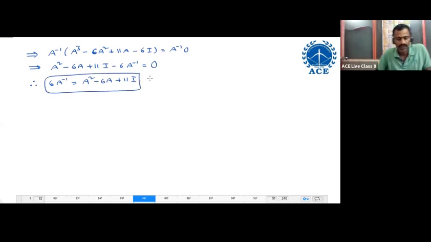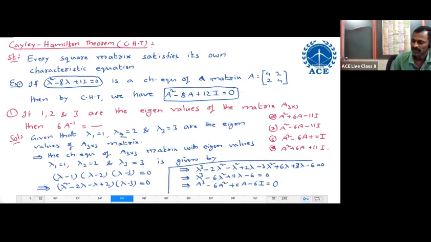It is the inverse according to the Cayley-Hamilton theorem, writing the A inverse in terms of all other matrices: A square minus 6A plus 11I. This is the option.